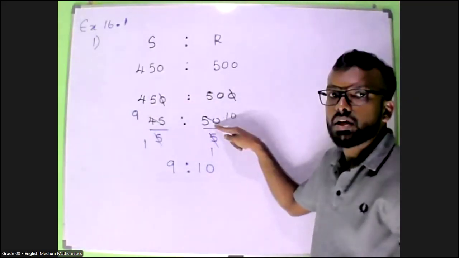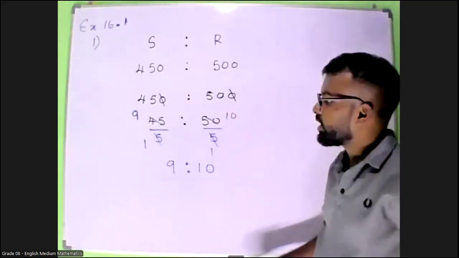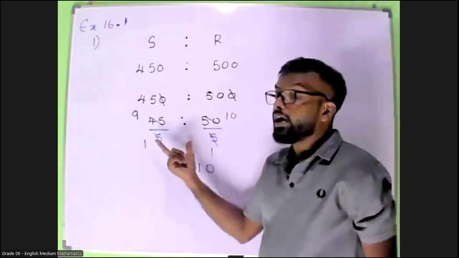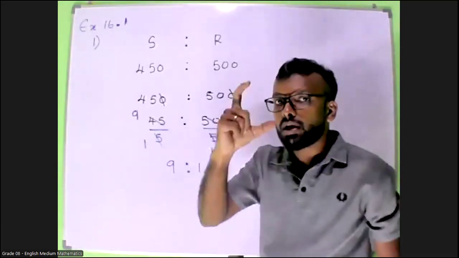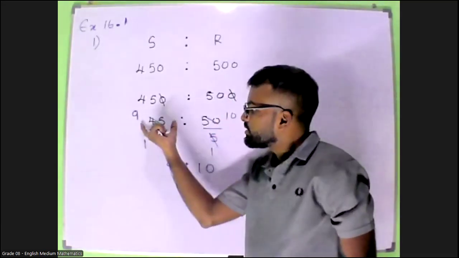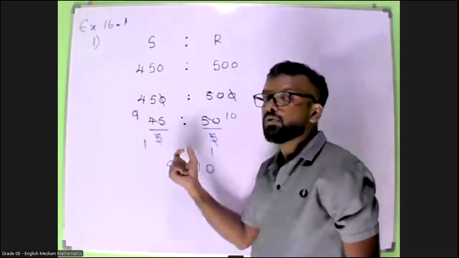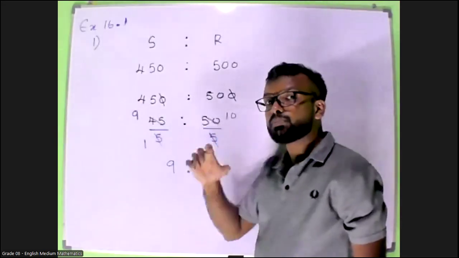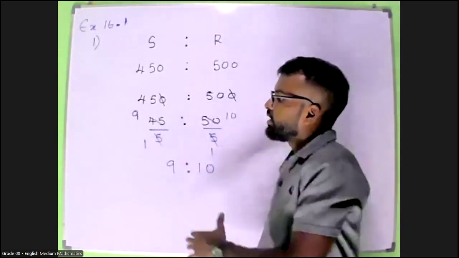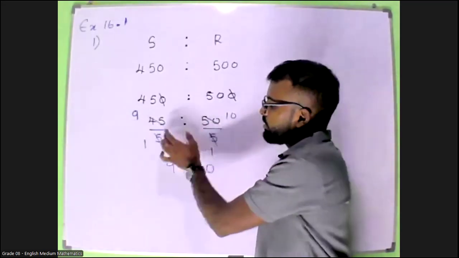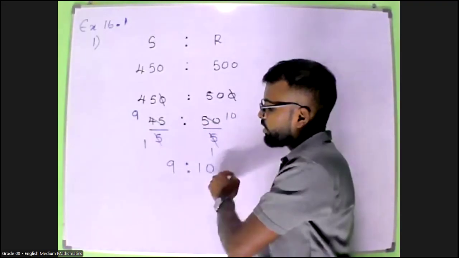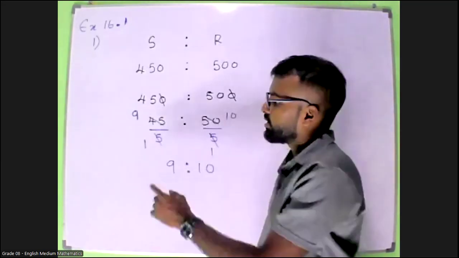Then you need to find a common factor that you can divide both numbers by. You can divide this number and this number by the same number, then you can obtain the simplest form.